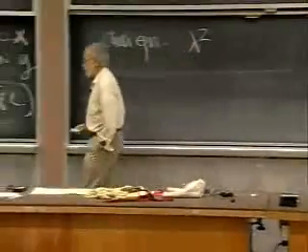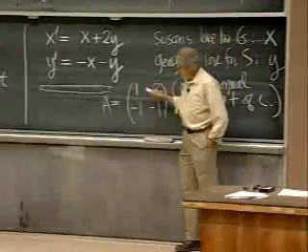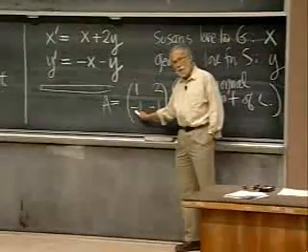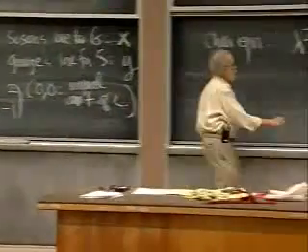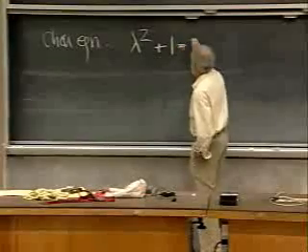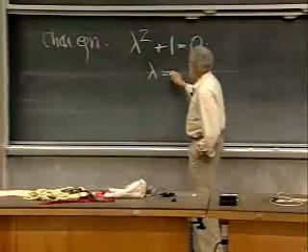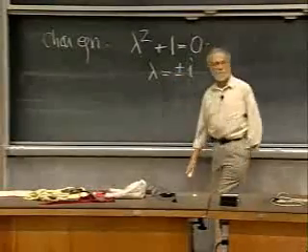The determinant, which is the constant term, is -1 minus -2, which is +1. So the characteristic equation, by calculating the trace and determinant, is lambda squared plus 1 equals 0. Ta-da! The eigenvalues are plus or minus i.